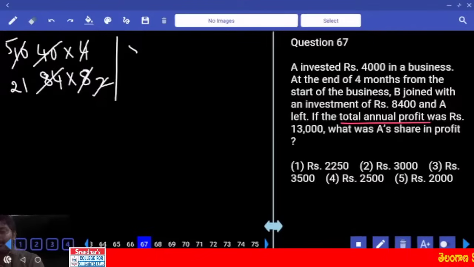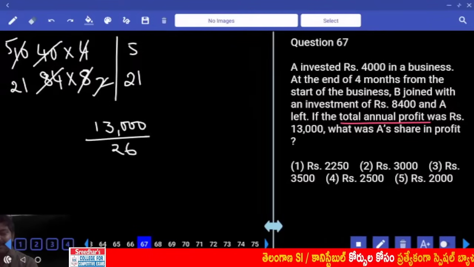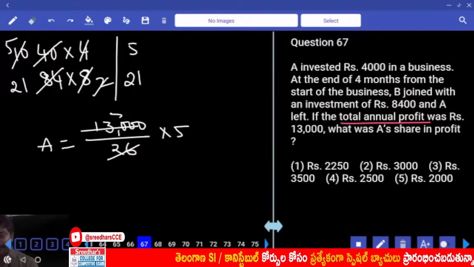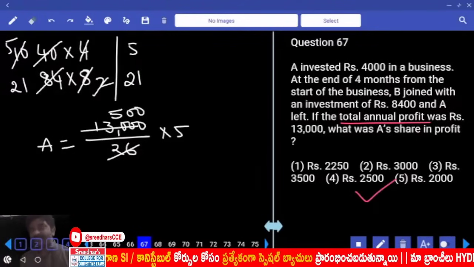So 5 is to 21. Total how many parts? 26 parts. 13,000 is divided into 26 parts and A will get 5 parts. 26, 500 times into 5, 2,500.